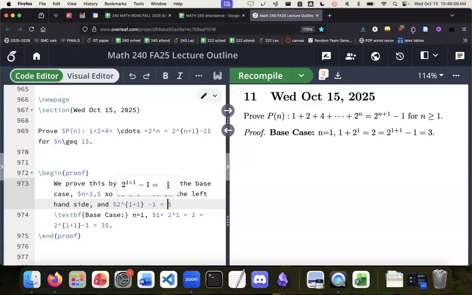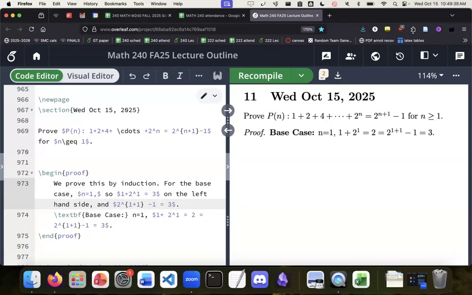So here's a matter of interpretation. Either you could say 2 to the 2 minus 1 and then 3. For me personally, I think this feels a bit overkill because I can do 2 to the 1 plus 1 minus 1 in my head. And so we can delete that and just say that this number is 3. That's simple enough math that I don't need you to spell out every step.